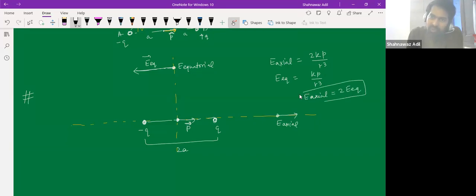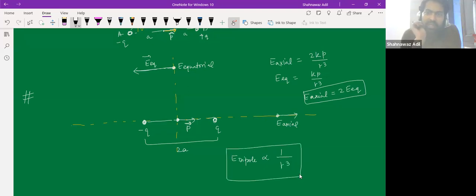This is what we saw. And we also saw that the electric field due to a dipole, for both cases, varies like 1 over r cubed. So this is the information we can collect. So please note down this diagram and write down all these. Yes, sir.